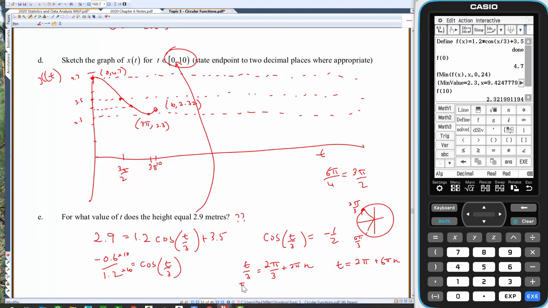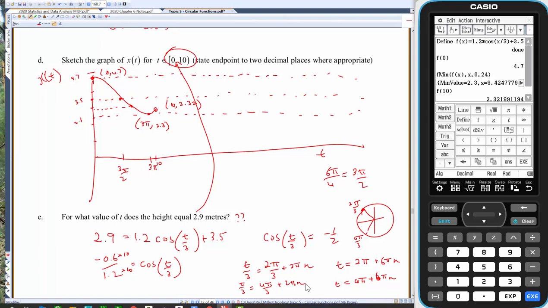Now let's do the other one. T on 3 equals 4 pi on 3 plus 2 pi n. T equals 12, that's 4 pi plus, no, 6 pi n.